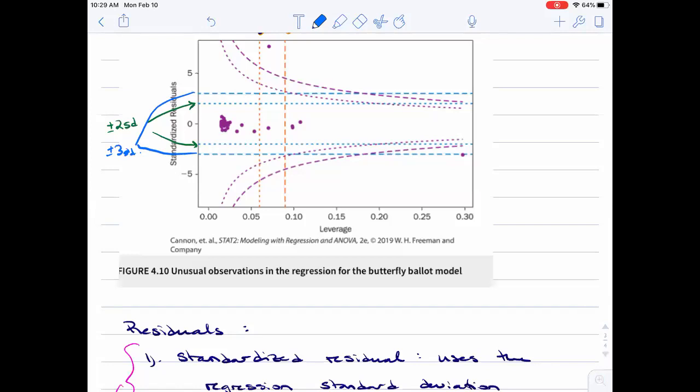Hopefully it's more obvious, right? For the points that are beyond, they are considered extreme, and their effect with respect to the slope of your model.